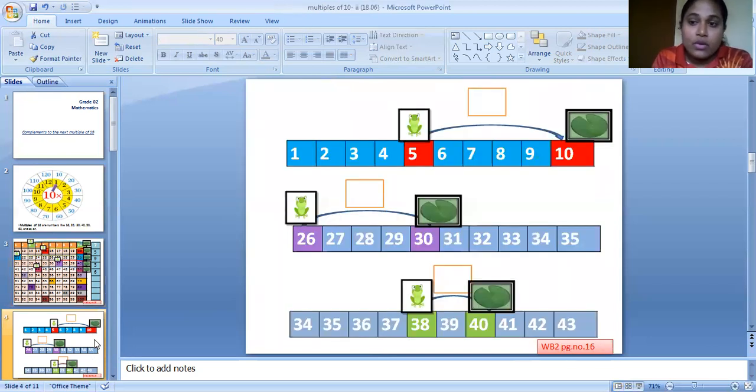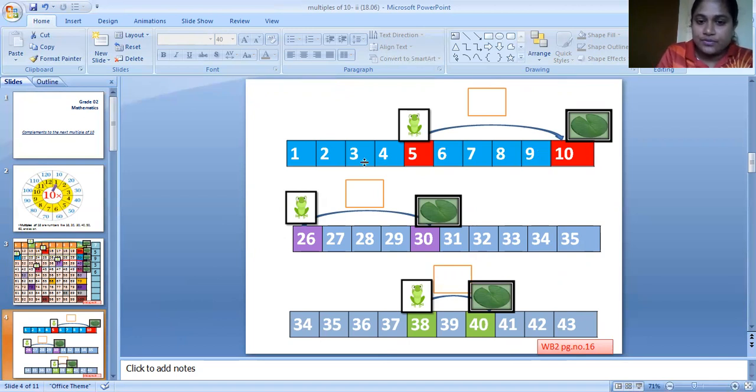I have one more activity. It is on page number 16 of Workbook 2. There also a frog is there and the lily pad is there. So again we should help this frog to find its lily pad and how many hops he should do to find the lily pad.